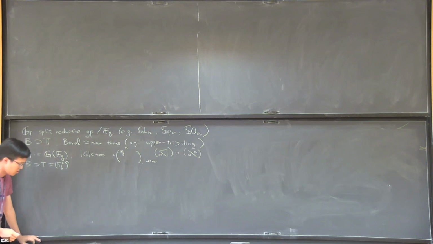So in this talk, we are interested in a particular family of representations of G. Namely, they come from the Borel, or are induced from a representation of the Borel. Well, what is the easiest representation of B, this finite group?